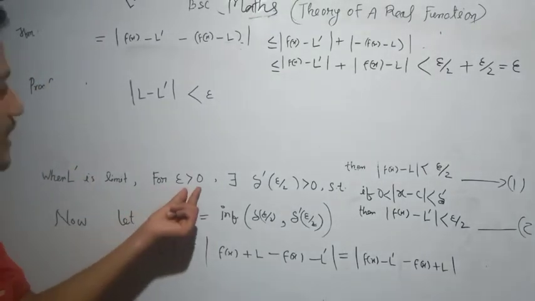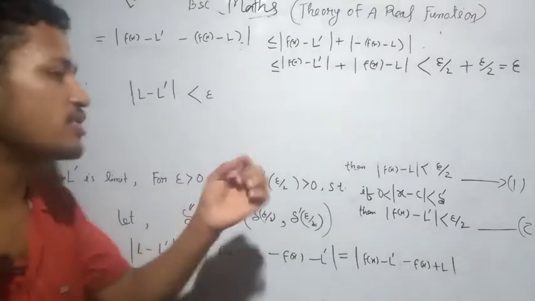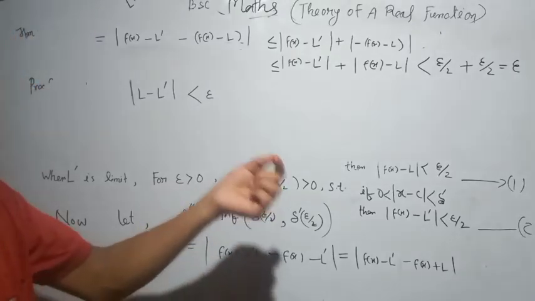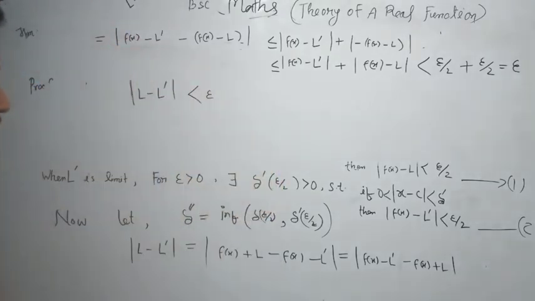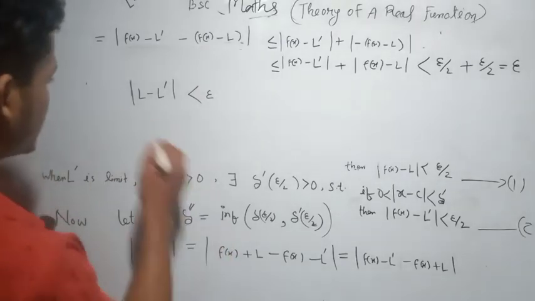Here we take epsilon greater than 0. Epsilon may be 0.000001, epsilon may be 0.5, epsilon may be any positive quantity.